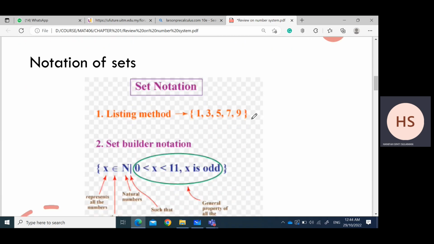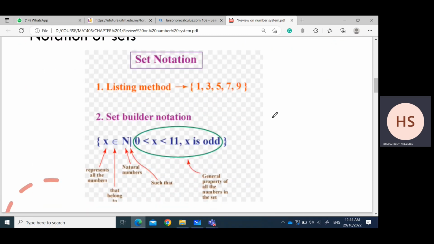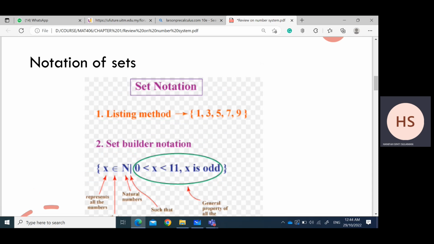Alright, so this is the notation of a set. As you can see, the first one is the listing method. This is how we present the set. In the listing method, it must have a bracket. Dia mesti di dalam bracket, bracket yang macam ni, yang ini.